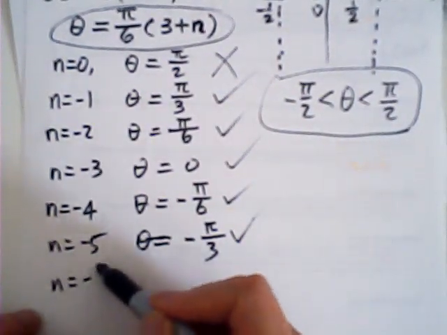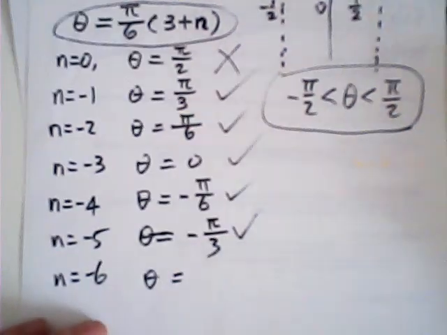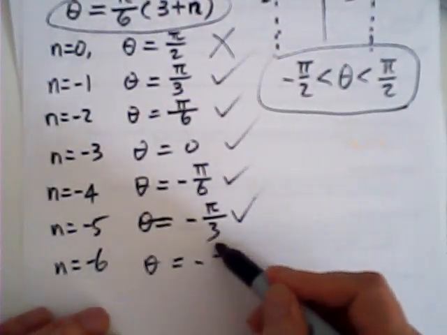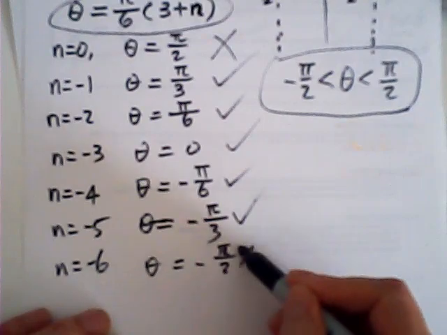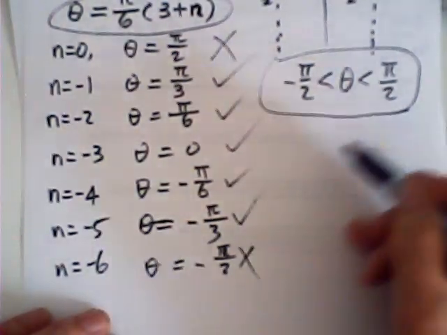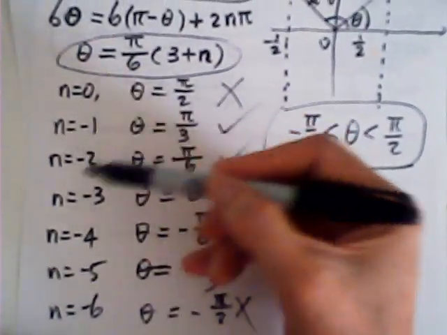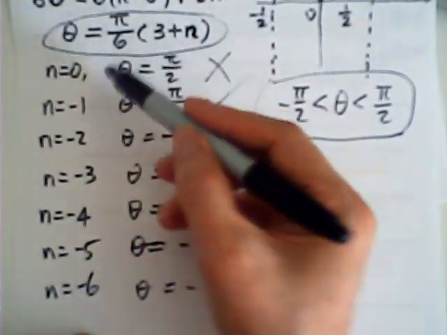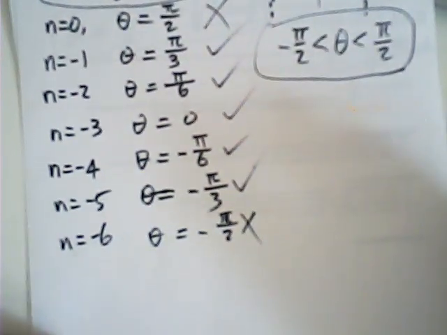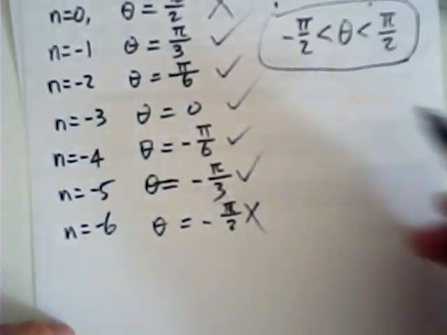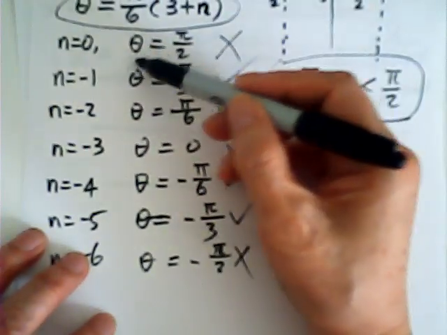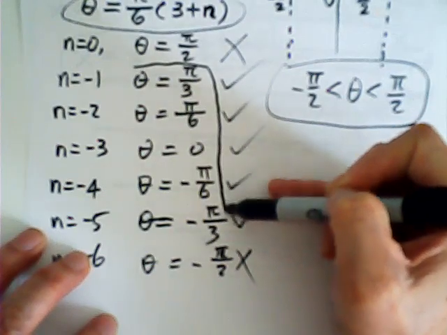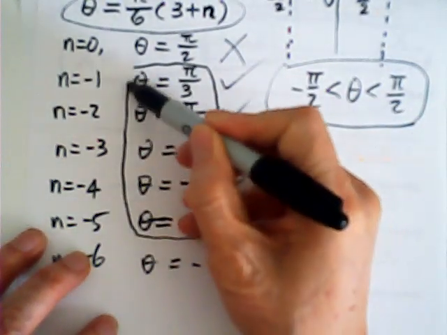And n equal to -6, theta will be -half pi. That is not okay. And n cannot be positive. If n is positive, that theta will be more than half pi. This is not allowed. So these are the angles we have.